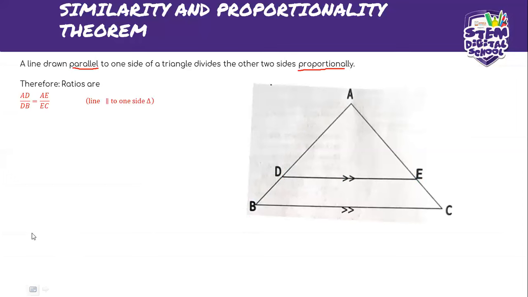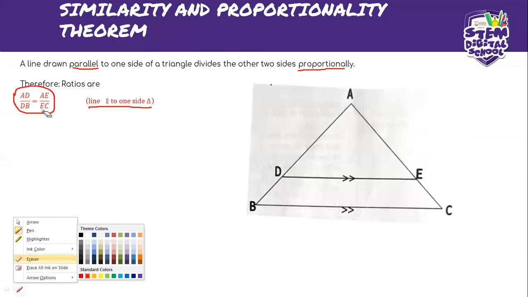The reason is: line parallel to one side of a triangle. This is how you should state that reason, every time you say the ratio of this side equals the ratio of this side.